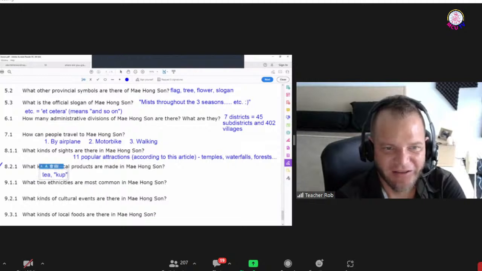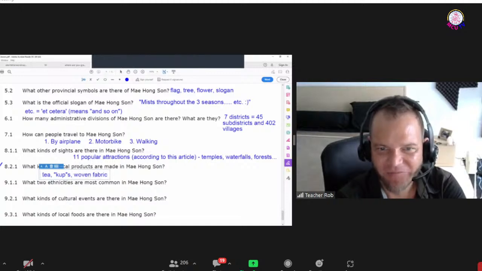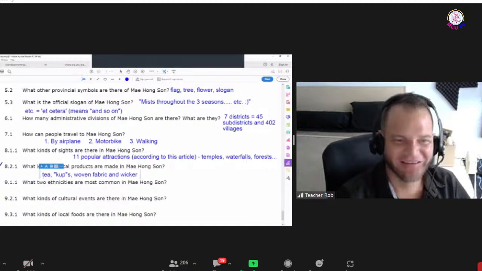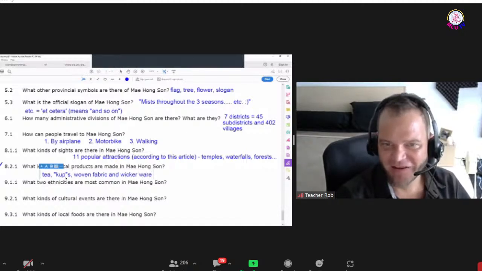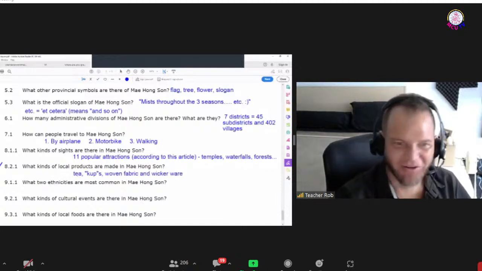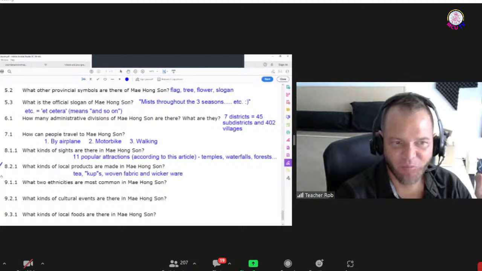And then I say woven fabric. So that's just some of the things they mentioned. So good, very nice. So 3 common things you might find there. I didn't really know Mae Hong Son was known for its tea, but I guess that's a bit more about the culture and the food.